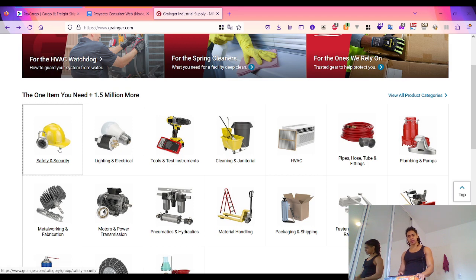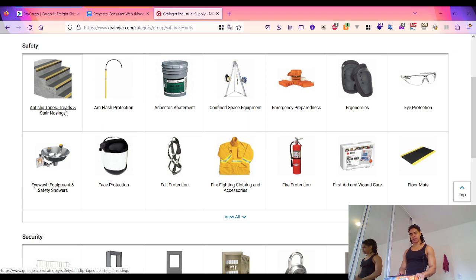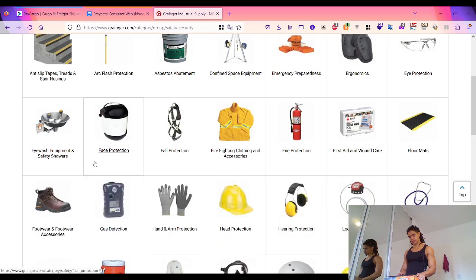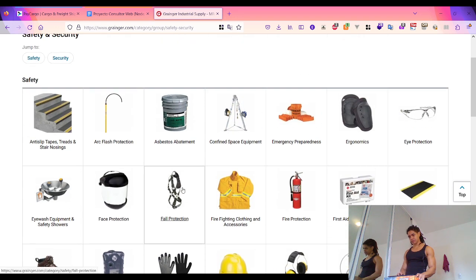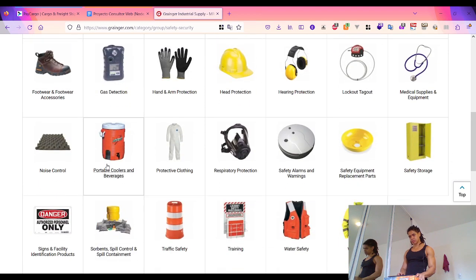Safety and security, anti-slip tapes, face protection, fall protection, portable coolers.